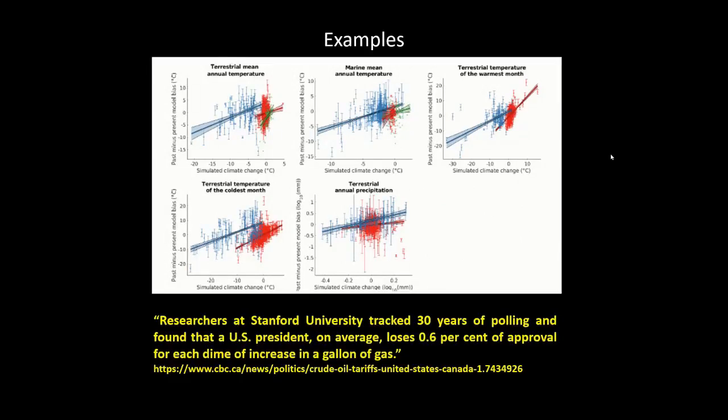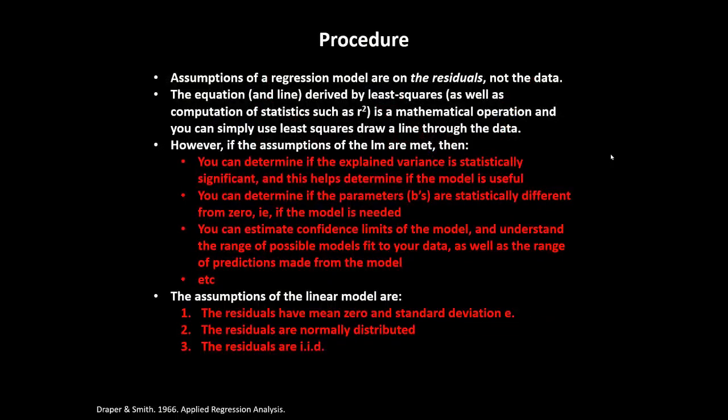And just as an example of why this might be important, on the bottom is from the CBC, where some researchers, in the social sciences, looked at polling and said that if the price of gasoline goes up, the approval rate of the president goes down by 0.6% for every 10 cent increase in a gallon of gas. Well, if people are going to determine policy based on these kinds of statistics, this quantification, we want to be sure that the regression they use to get this is properly done.